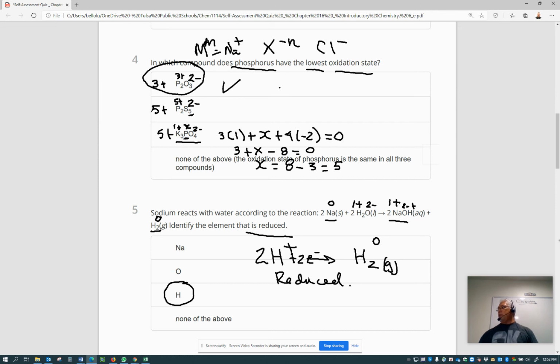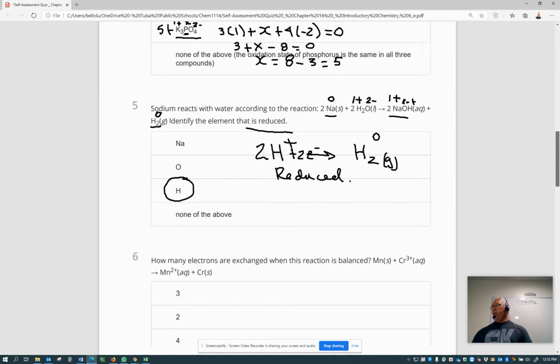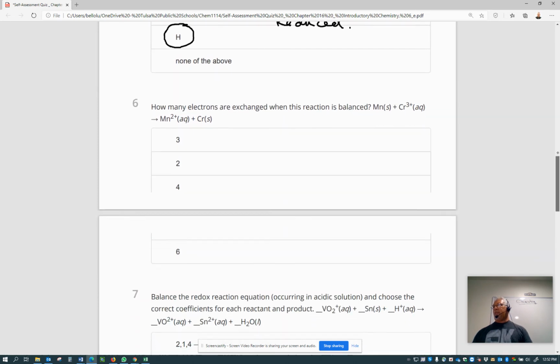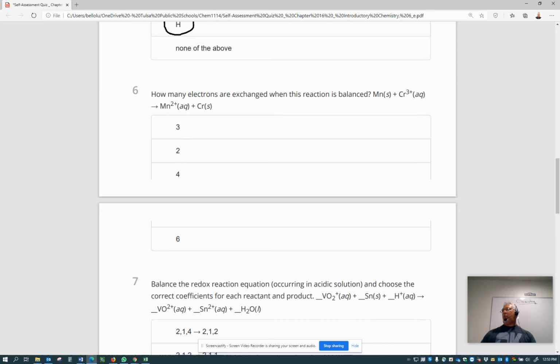Let's go to the next question, and that will be the last for this short video. Number 6: how many electrons are exchanged when this reaction is balanced? So let me rewrite the question again. Manganese plus chromium 3 in solution will produce manganese 2 in solution and chromium metal.